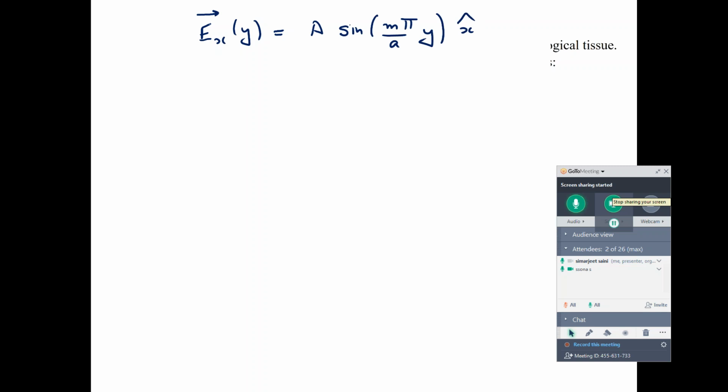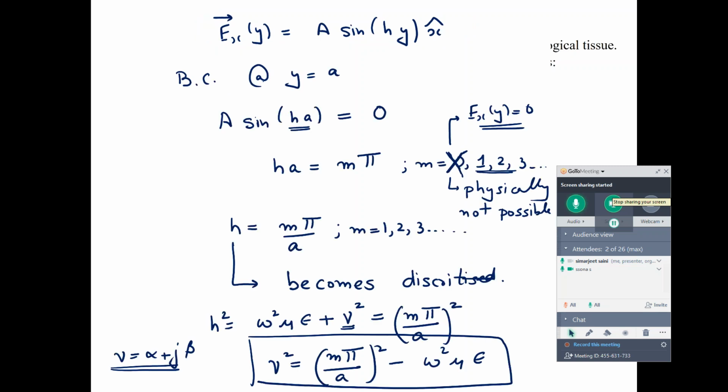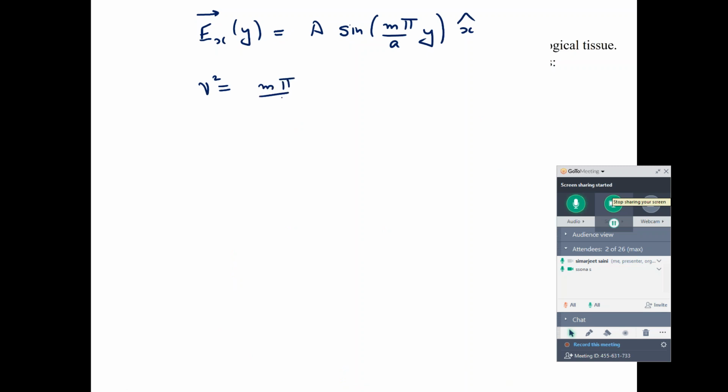And the propagation constant which we are looking for, what is the solution? How is it propagating in z? How does this wave travel in z? That's what we are looking for. That takes certain specific values which are given by (m pi by a) square minus omega square mu epsilon.